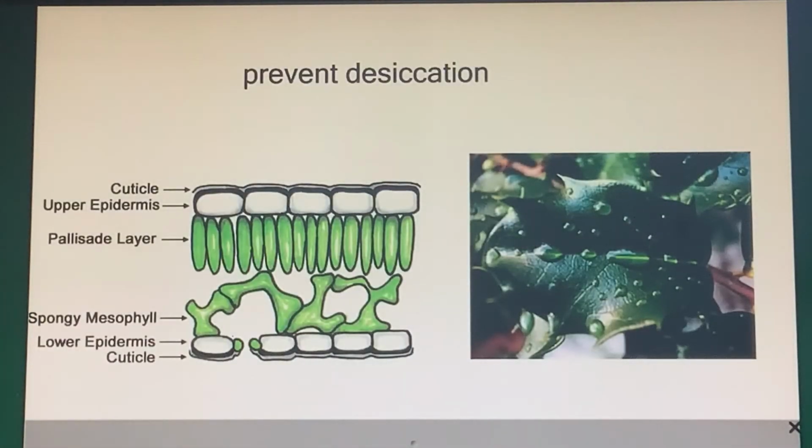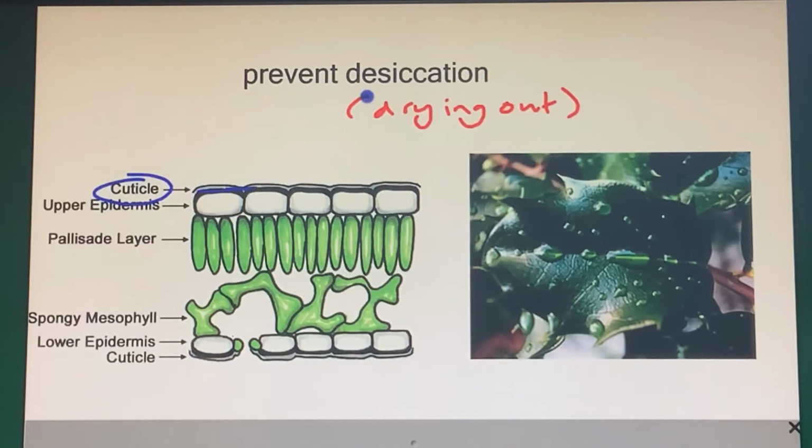We need to prevent desiccation. What does it mean to prevent desiccation? Well, the word desiccation means drying out. So we need to prevent drying out. How do we prevent drying out? Well, as plants evolved to be successful on land, they developed a waxy coating called the cuticle.